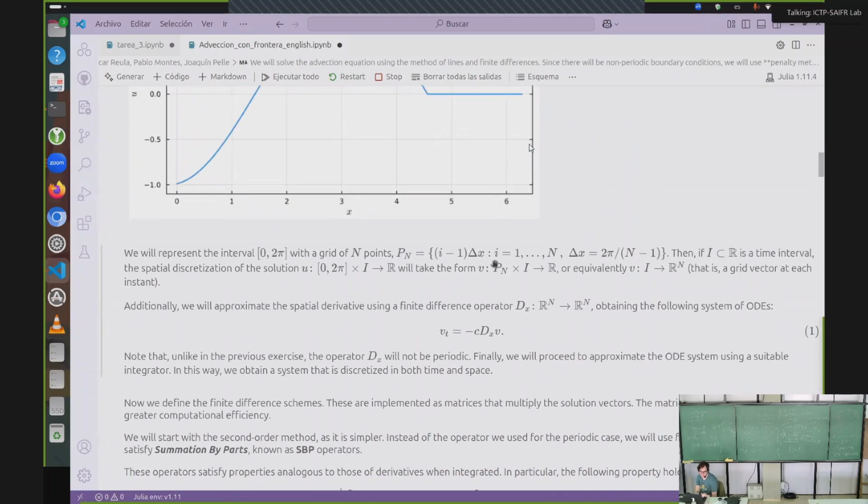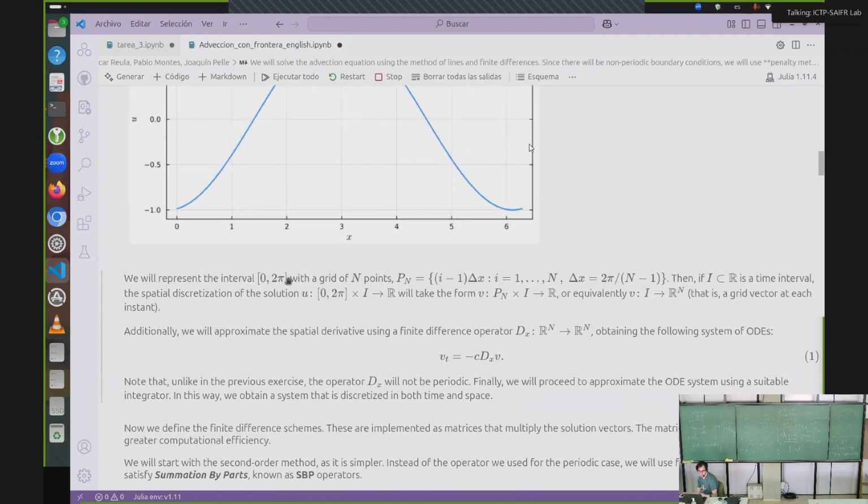As usual, we will represent some interval, in this case 0 to 2π, with a certain amount of grid points which are evenly spaced. And we are now defining our derivative operator, or finite difference operator. In this notebook, we will only work with the second order operator, which is simpler.